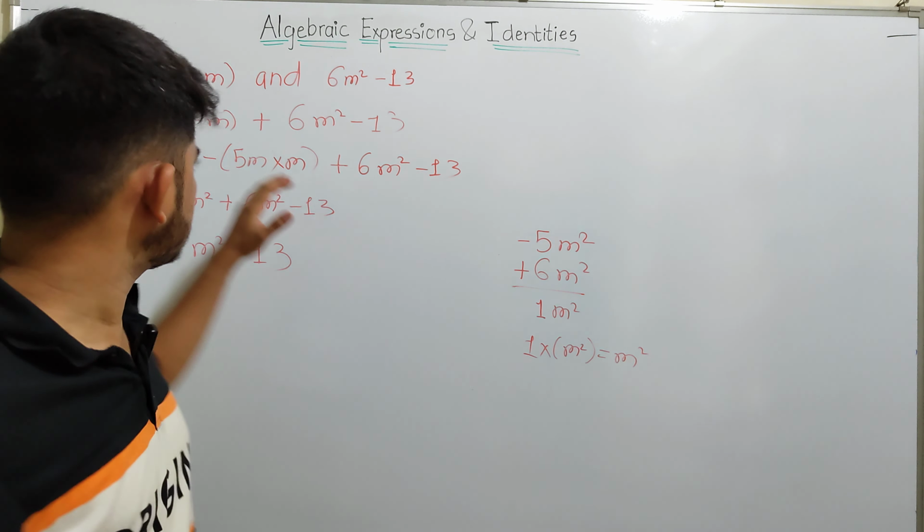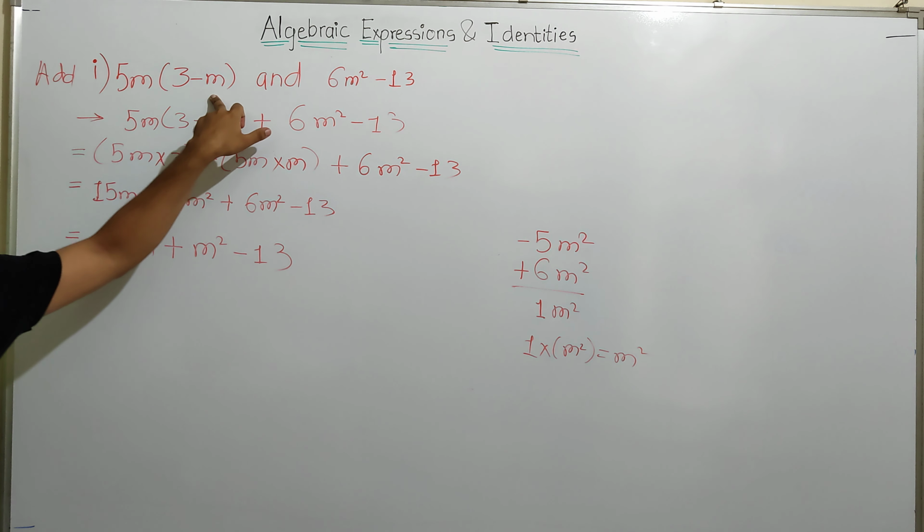Because they have solved the first expression, and they have directly added the second expression, 6m square minus 13. Now in the question itself we have m.